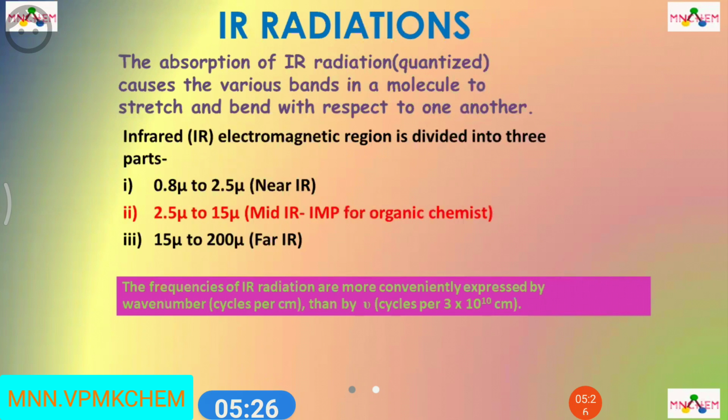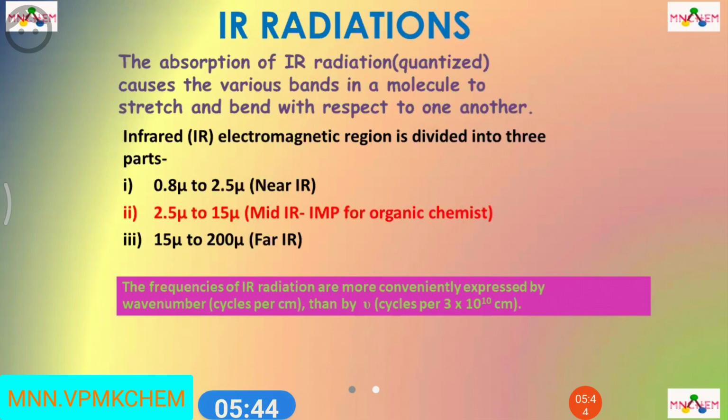The IR region is divided into three parts, according to the position of the IR region with respect to the visible region of electromagnetic radiation.